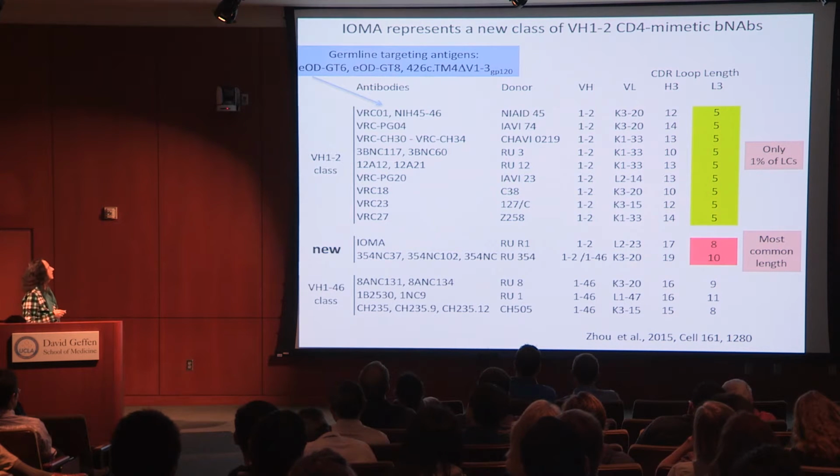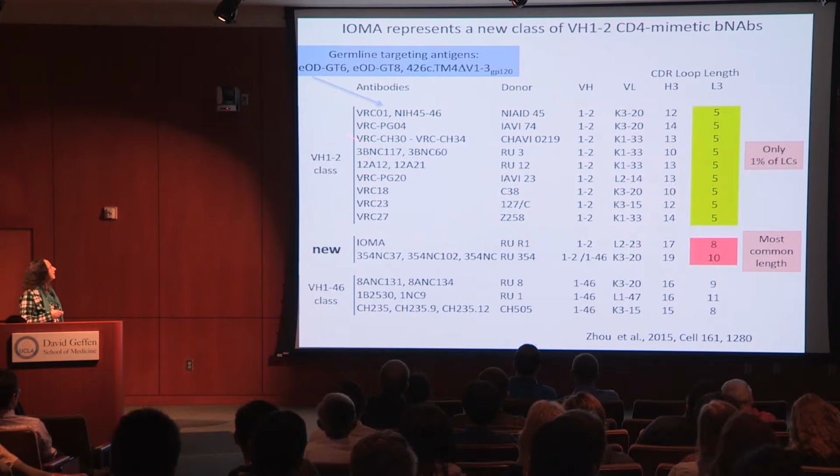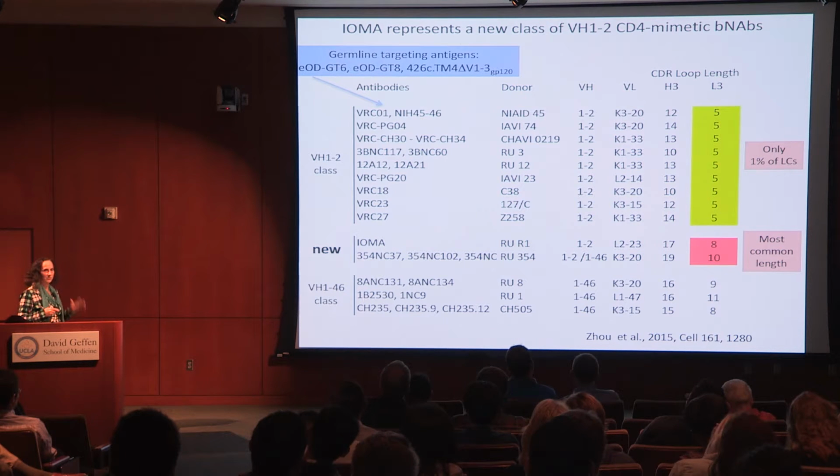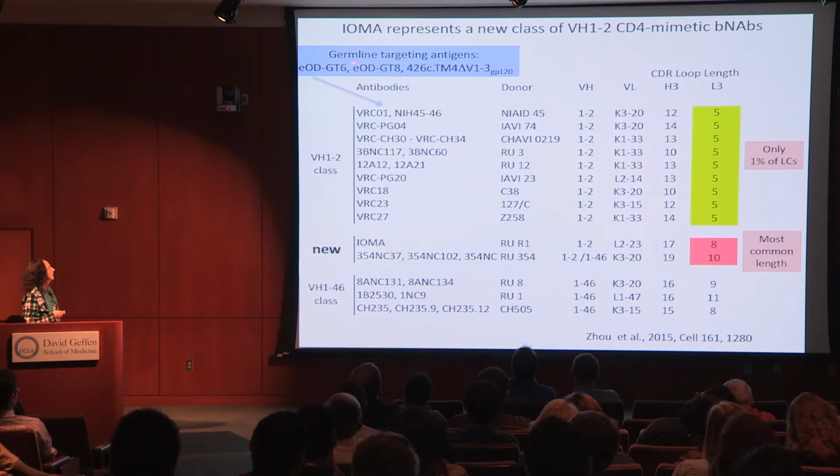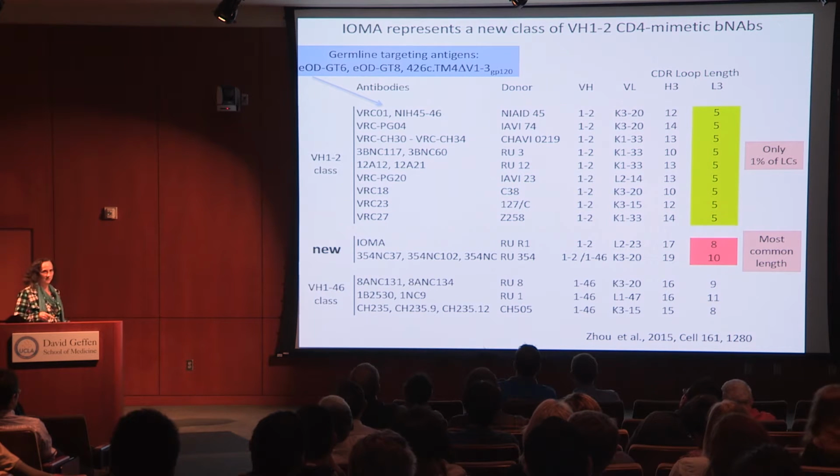design. So basically, Bill Schief's lab has made immunogens to bind to the germline B cell receptors of these VH1-2 derived antibodies, because the normal antigen won't bind to the germline receptor. So he's engineered these engineered outer domains of GP120 that do bind. And then Leo Stamatatos has made an intact GP120 that also binds to a germline receptor.